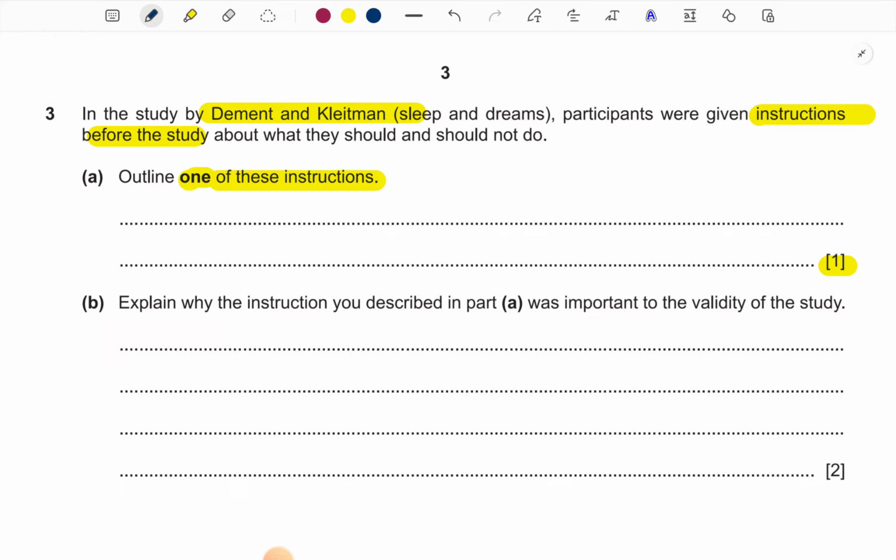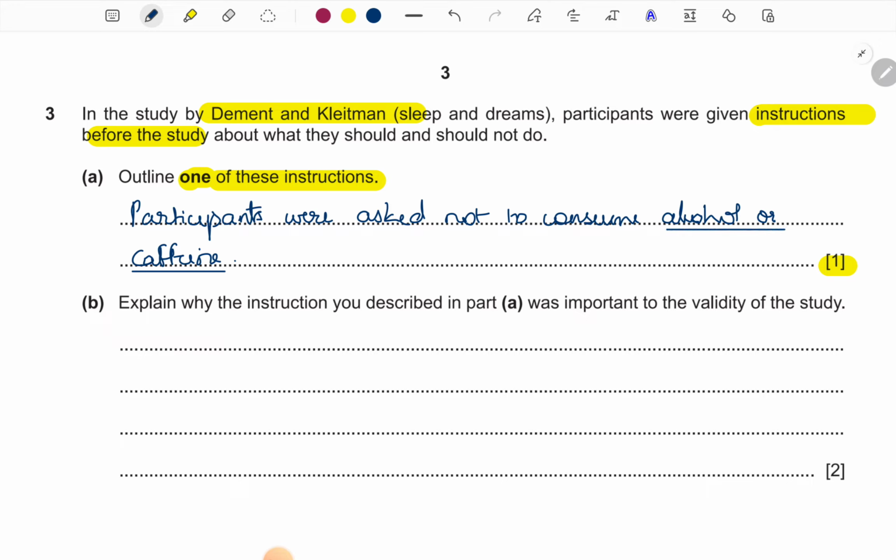The other instruction is not consuming alcohol and caffeine. Okay, so I will take that one, that participants were asked not to consume alcohol or caffeine. Actually, you can take it separately also. Even if you just say alcohol or caffeine for one point, that is correct.